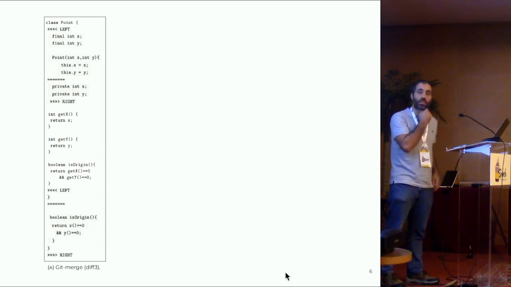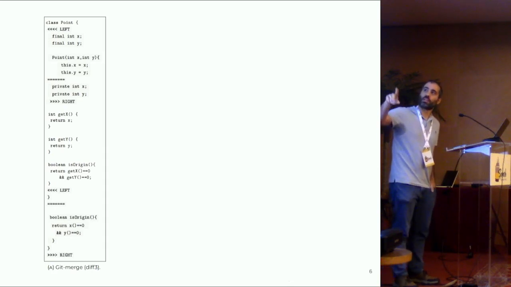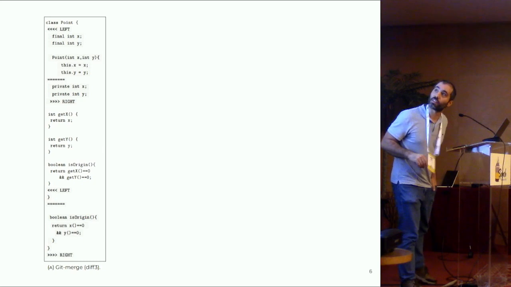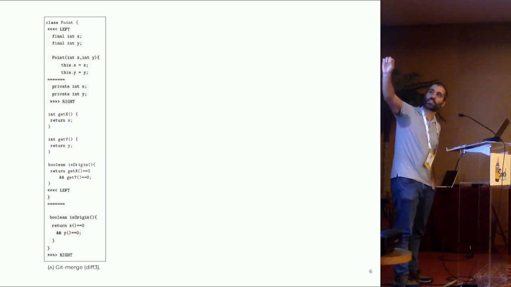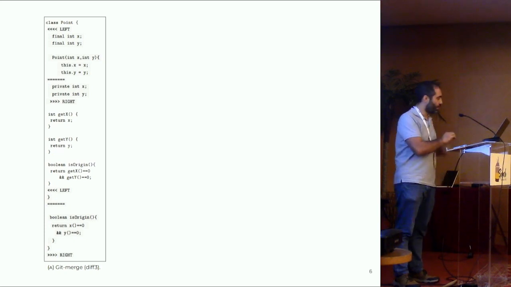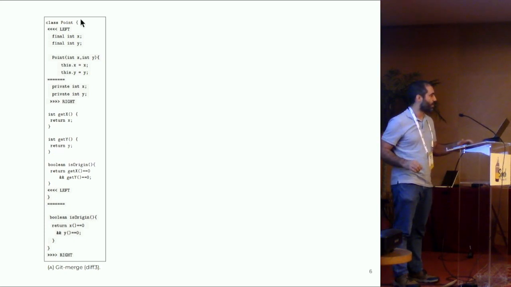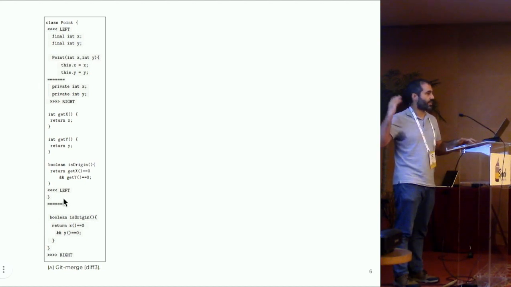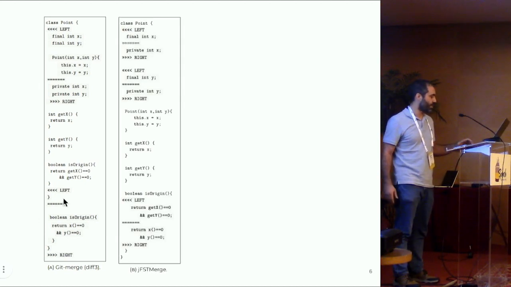When we merge this with git merge, so diff3, we get these conflicts, I'm afraid. You can see the very light gray, which I see okay here, but in those regions you get some conflicts. I will point here to make it easier. So here we have a region conflict, and also down here. This is the same case as I showed before, so I'm not going to lose time on that.